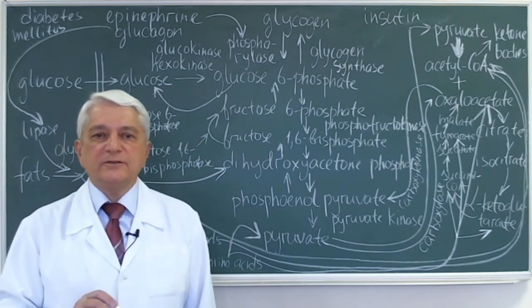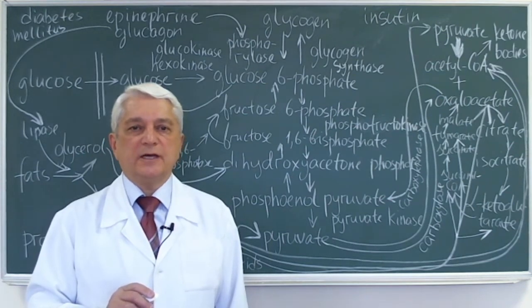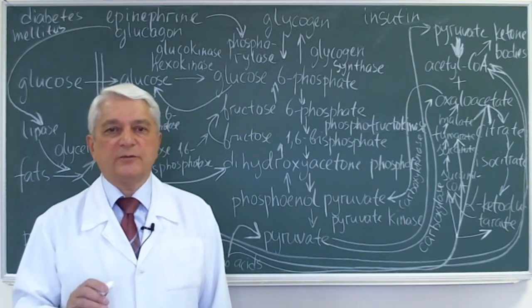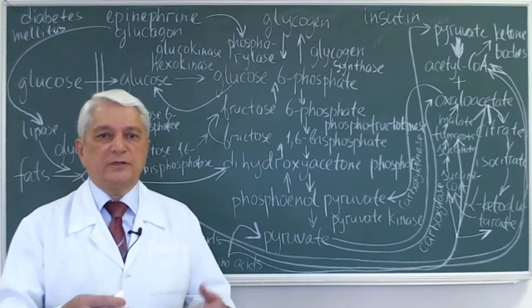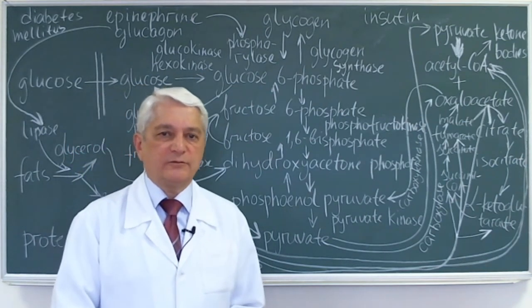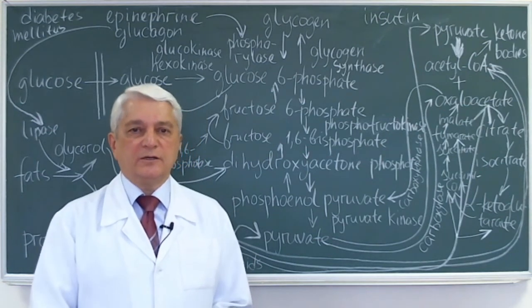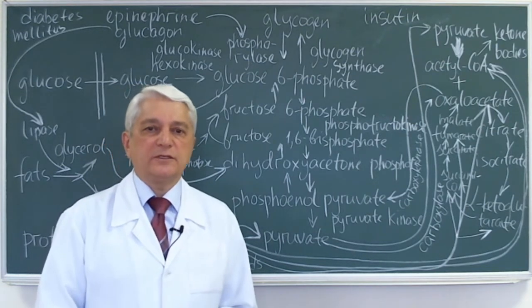In the presence of insulin, the biosynthesis of some enzymes is possible. So we have insulin, we have biosynthesis of these enzymes, we have these enzymes. If we have no insulin, biosynthesis does not happen, and we have no these enzymes.